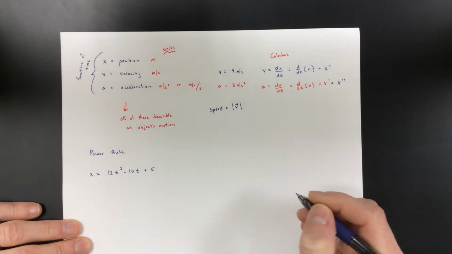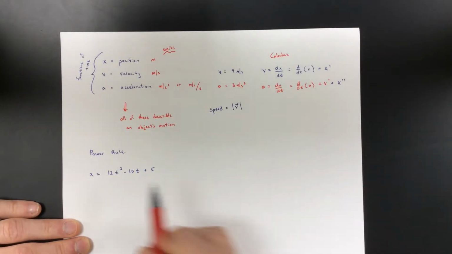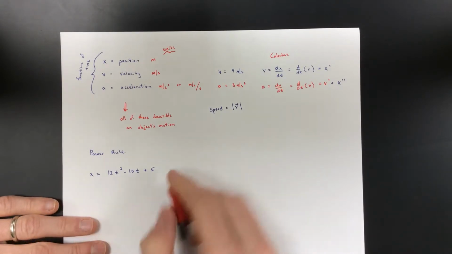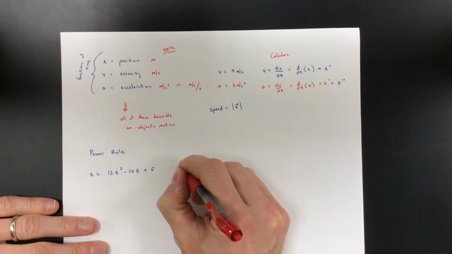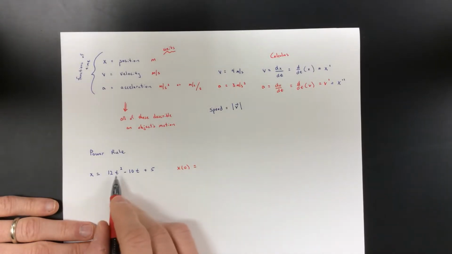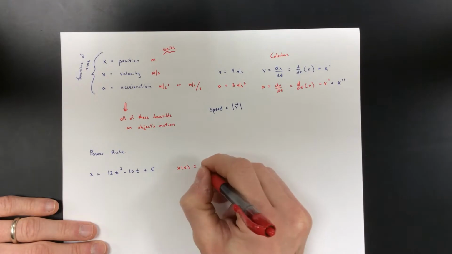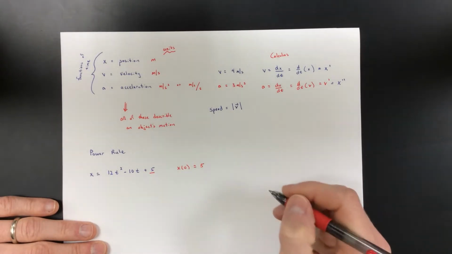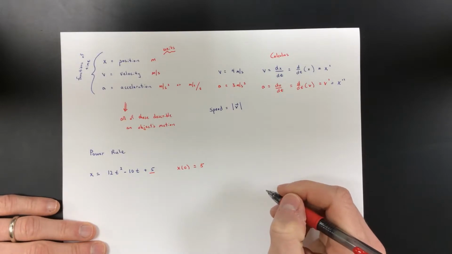And we can talk about all of these things. We can look at what all of these things actually even represent. If you look at what is x of 0, well, that's your position at t equals 0. If you plug in 0 here, you're just going to get the 5. And so hopefully you can tell that the 5 is just our initial position.